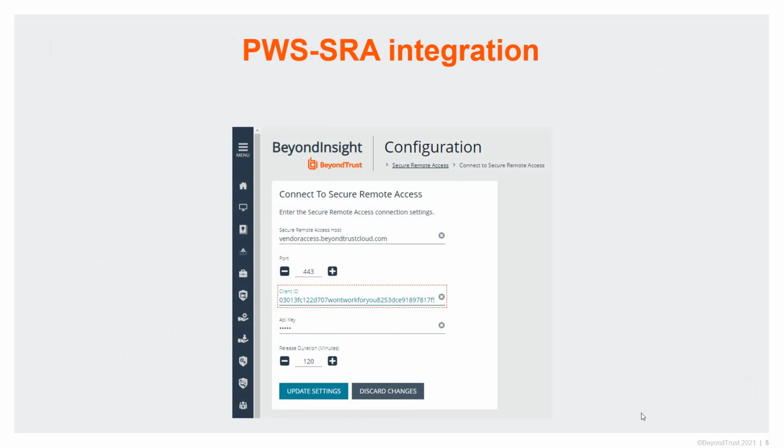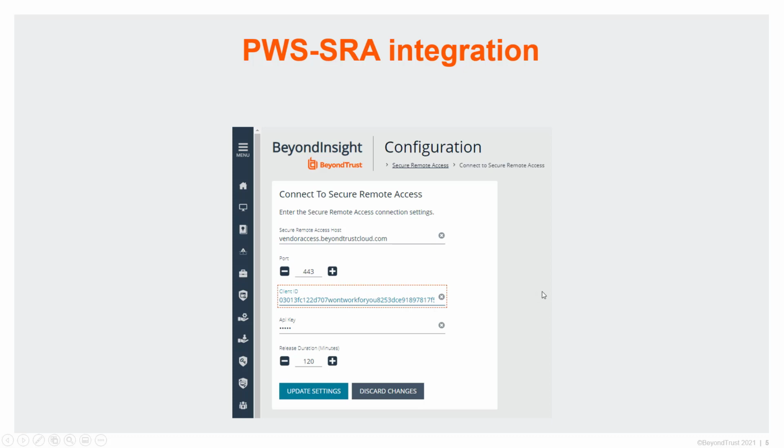This session here actually is using the built-in integration of the ECM, the endpoint credential manager. So this here is a screenshot of the Beyond Insight configuration. This is also the home of PasswordSafe, and there is a quote-unquote new configuration item called Secure Mode Access, and then Connect to Secure Mode Access. This is where you configure your integration with your SRA product.